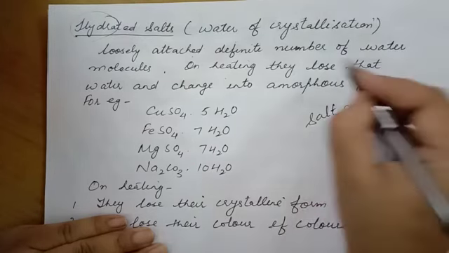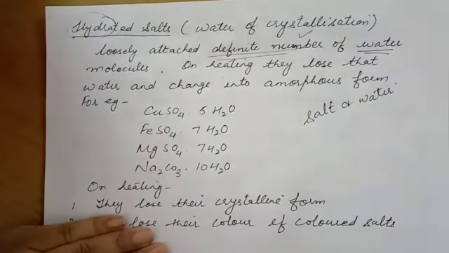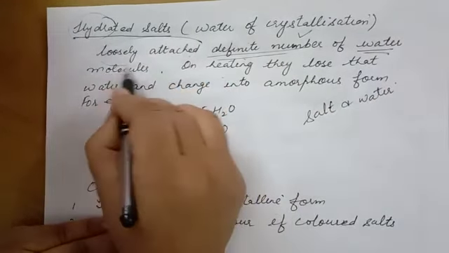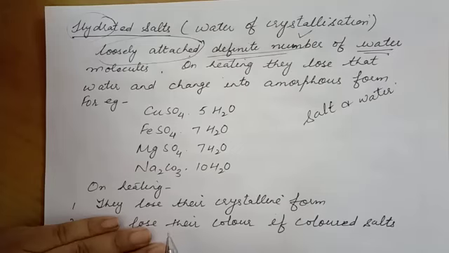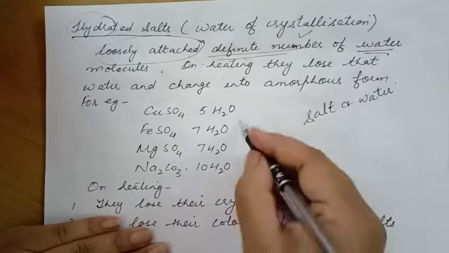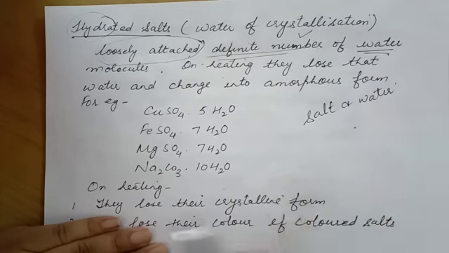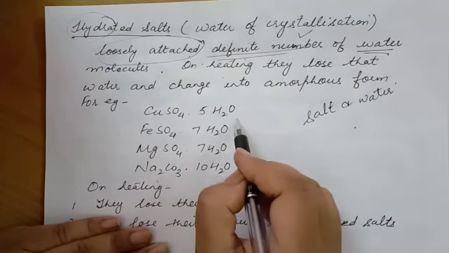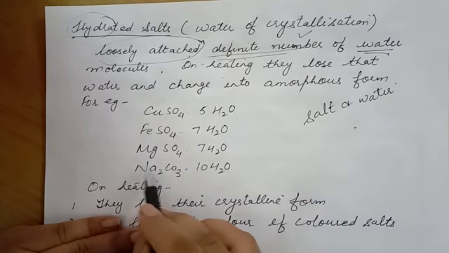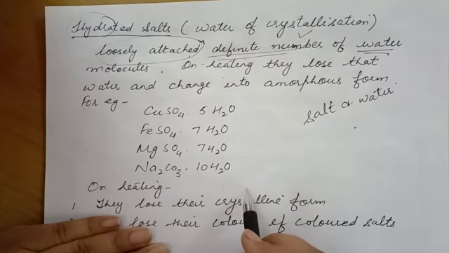But the water is in definite number of water molecules that are loosely attached to this salt, and this water just evaporate when you heat, as the bonds are very weak. So we have copper sulfate dot 5 molecules of water, ferrous sulfate dot 7 molecules of water, magnesium sulfate dot 7 molecules of water, sodium carbonate dot 10 molecules of water.